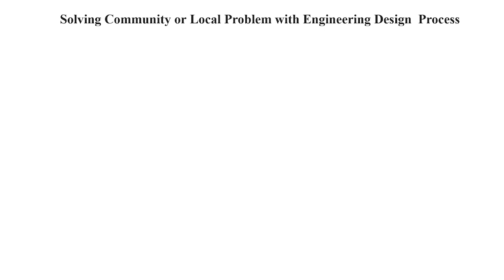Now, last week we talked about solving community or local problems with the engineering design process. We said we have steps that are used to be able to solve any problem within the local community.